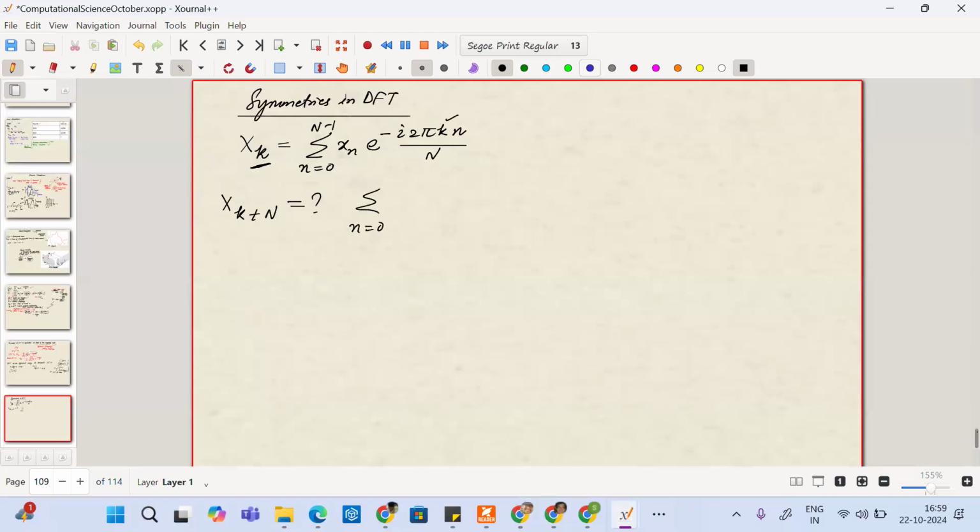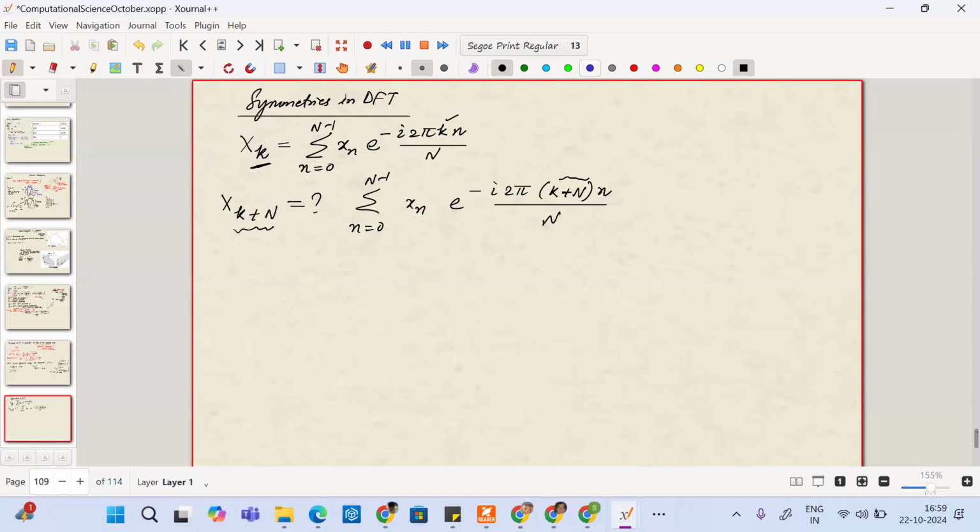So it will be the sum from n equal to 0 to n minus 1 of xn e to the power minus i 2 pi, and instead of k, we now have k plus capital N, multiplied by small n as usual. Everything is the same. Now, due to this, what is happening to this summation?